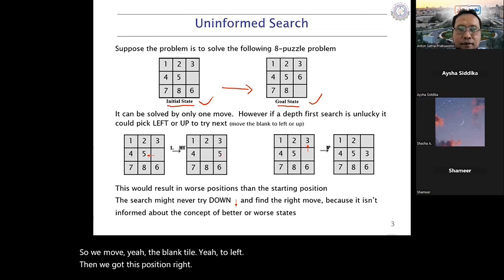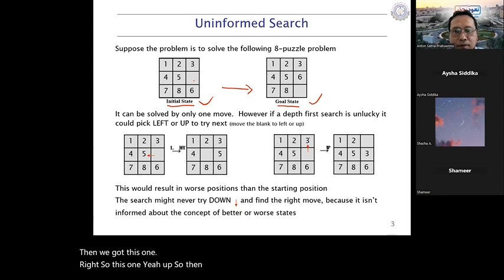This one is from the initial state. And then if we use another one, here, the next one, tap to try next, from this one we move the blank tile up, and we got this one.